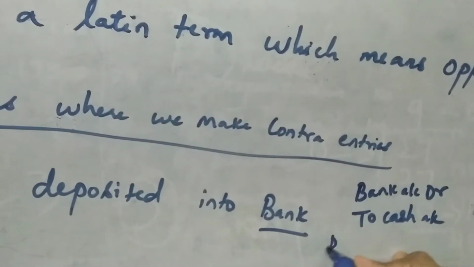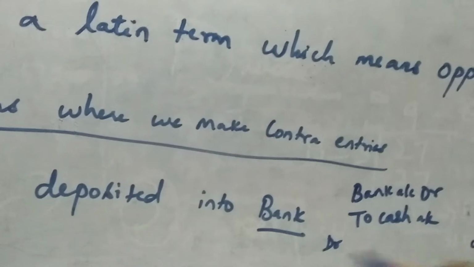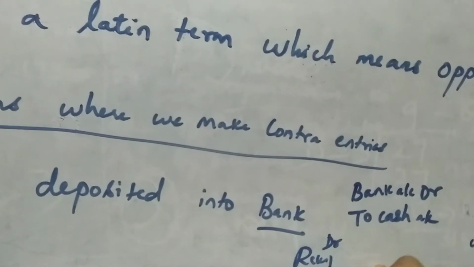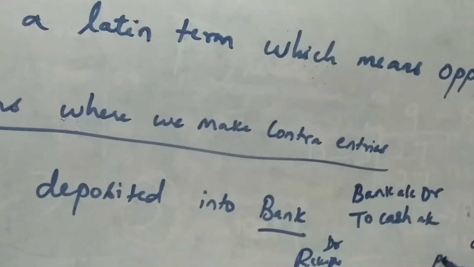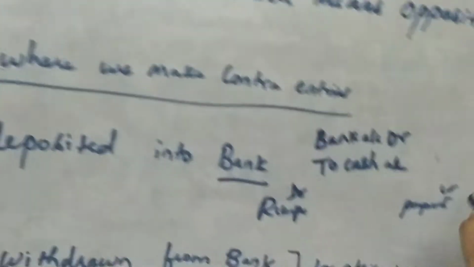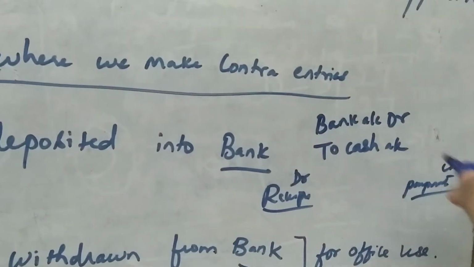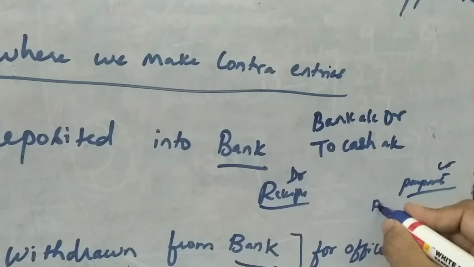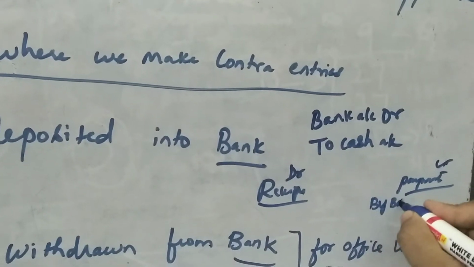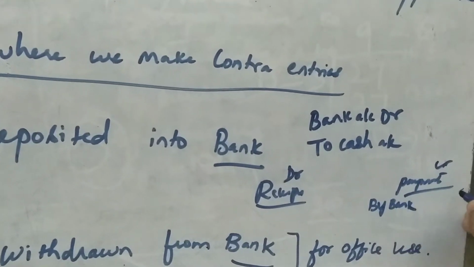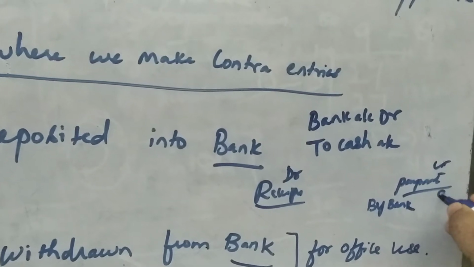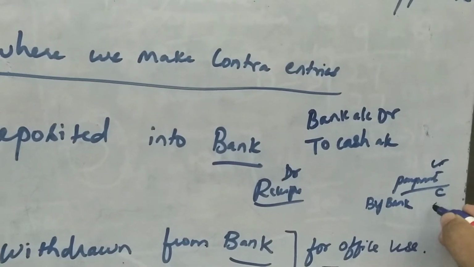This is the receipt side, and this is the payment side. So here you will write by bank and put the amount in the cash column.